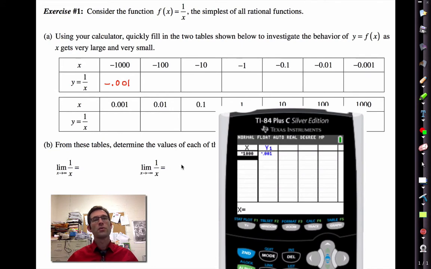Now, unlike a normal table which gets spaced evenly, I'm just going to have to type in x equals negative 100. And it gives me negative 0.01. Finally, I'm going to put in negative 10, and it gives me negative 0.1. So what I'd like you to do is fill in the rest of the table.